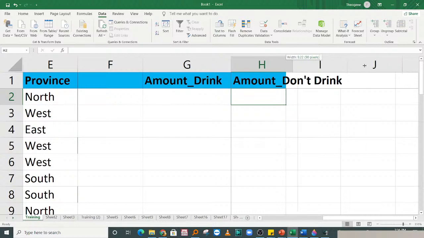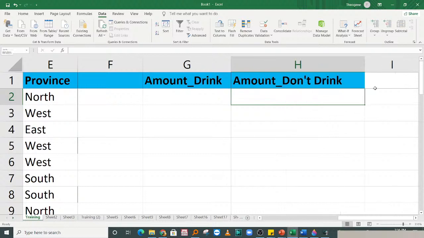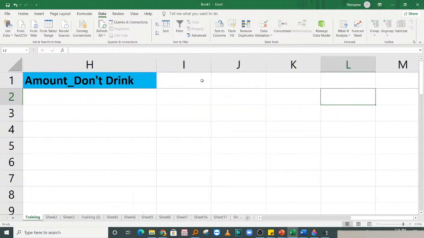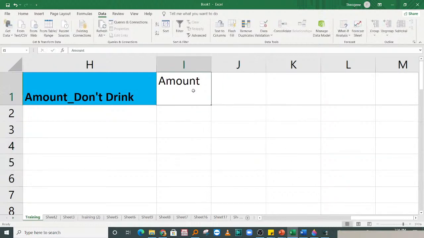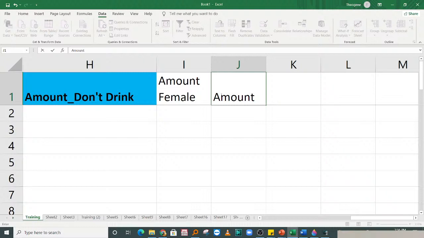I will write it there. And amount of money for females, amount of money for males.